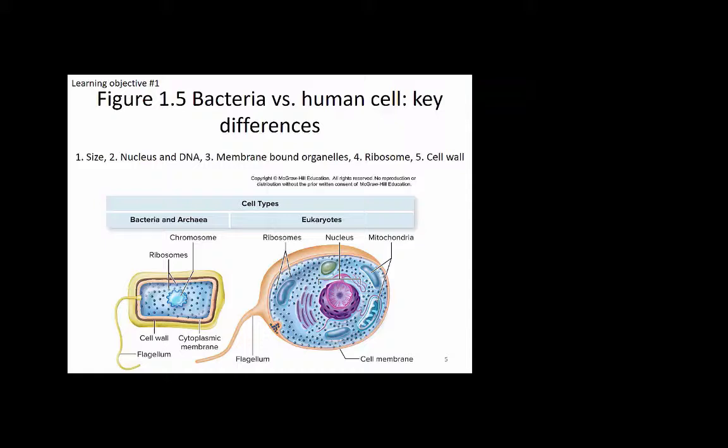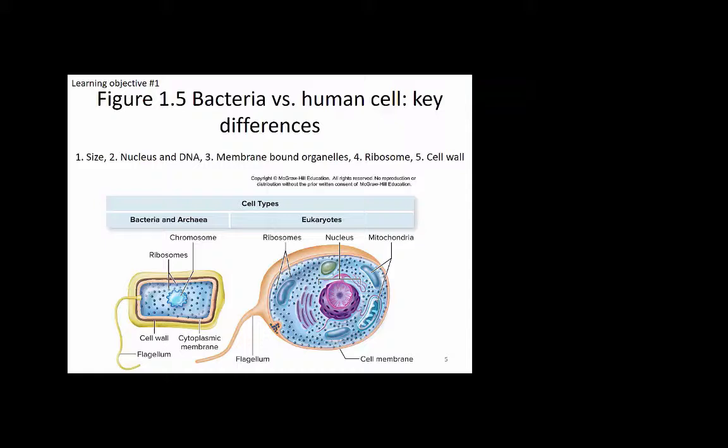In the eukaryotic cell, the DNA is organized in the nucleus, which is a membrane that surrounds the DNA and separates it from the rest of the cell. In the bacteria cell that is prokaryotic with no nucleus, the DNA is present in the cytoplasm and is in contact with the rest of the cell. Additionally, the DNA in bacteria is circular, and the DNA in the nucleus of a eukaryotic human cell is linear.